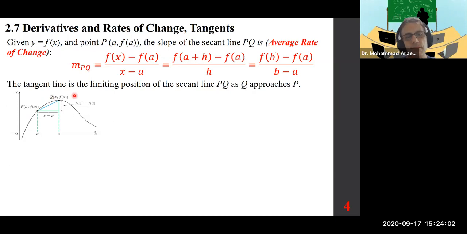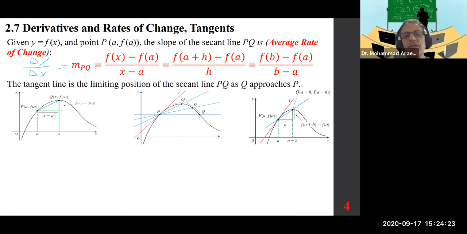Rise over run. Okay, so writing it in that format also. Rise over run. Delta y over delta x. Changing y over changing x. Okay, nothing brand new. Now notice what's going to happen as far as the graph is concerned before we move on to this concept of a tangent line.